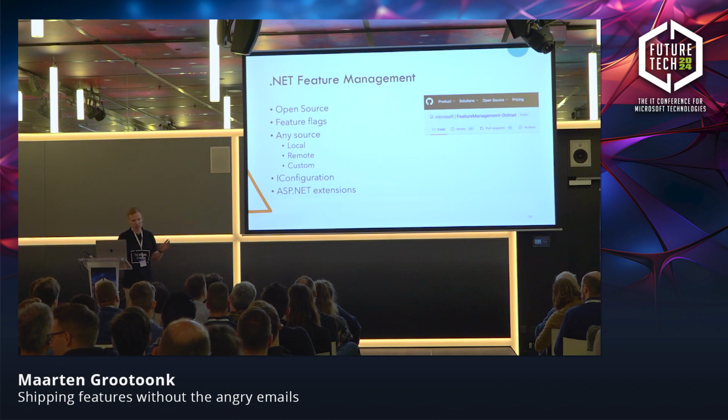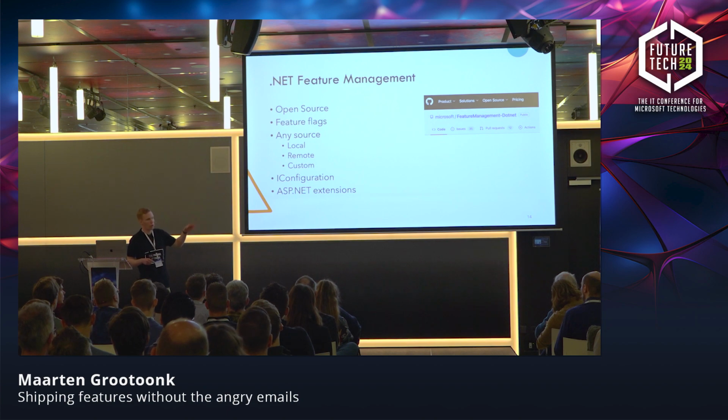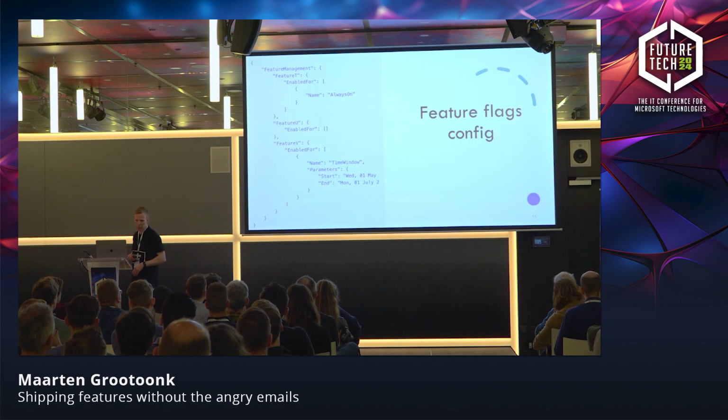This library is not tightly coupled to Azure. It's a separate library that can be configured to use any source for your features. So it can use your own database as feature management source. It can use files. So this is not a vendor lock-in. It's a generic library that can connect to any feature flag source.